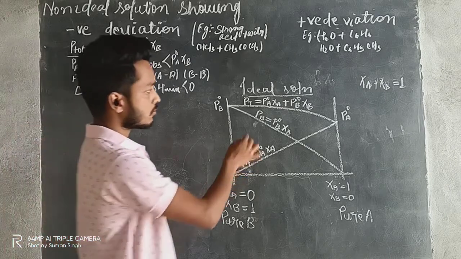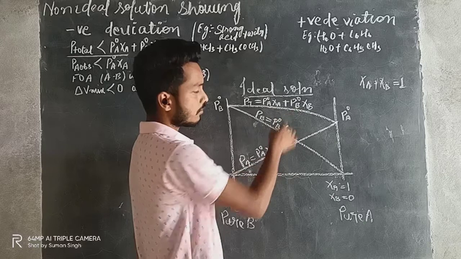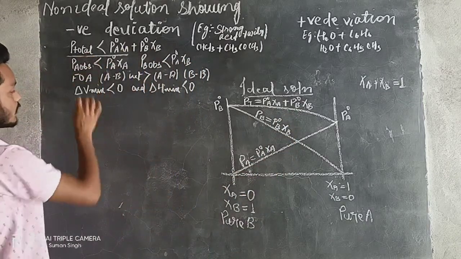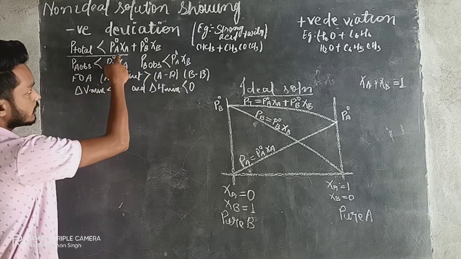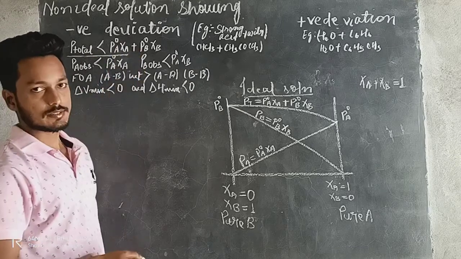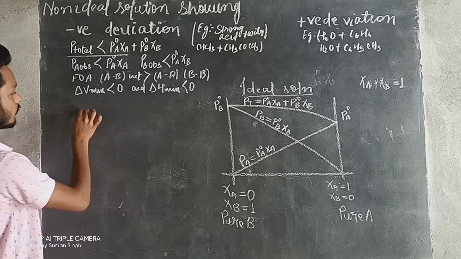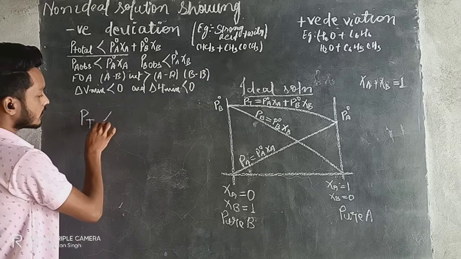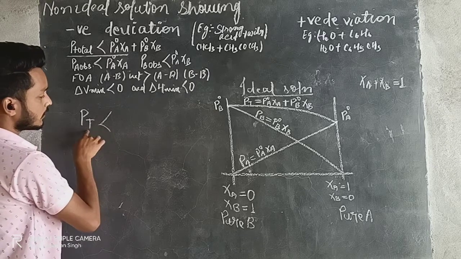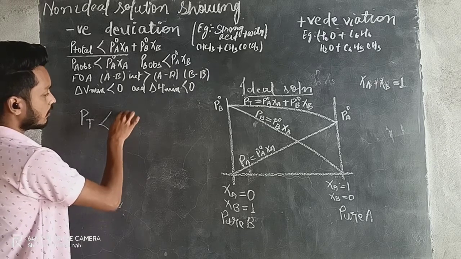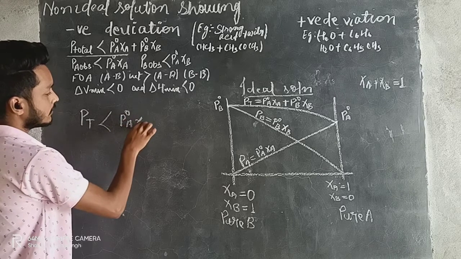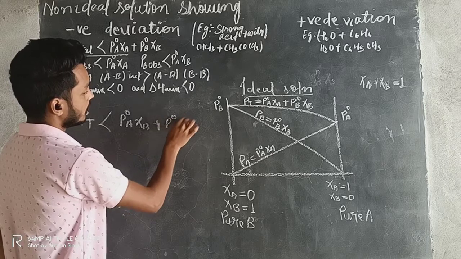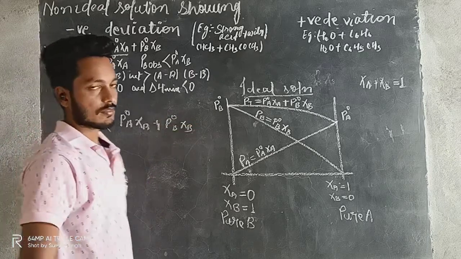Whatever P total we get, it will be less than P naught A chi A plus P naught B chi B. Why?